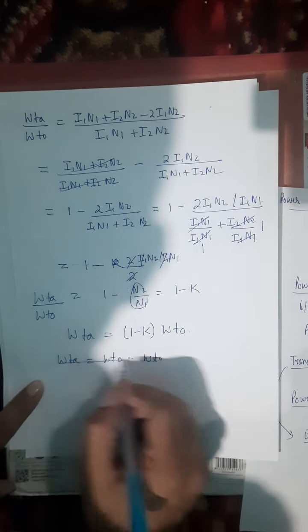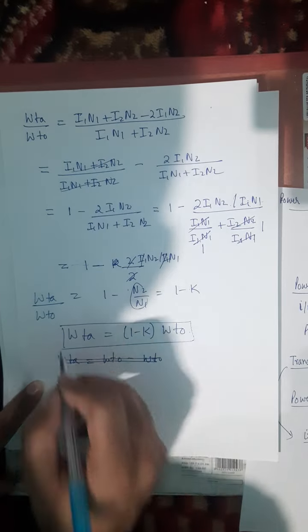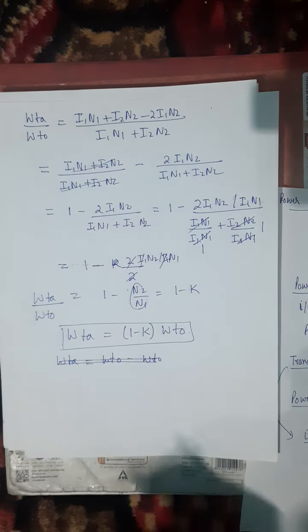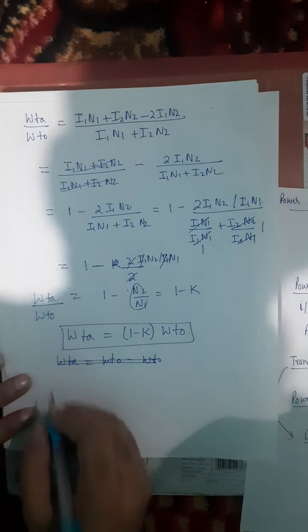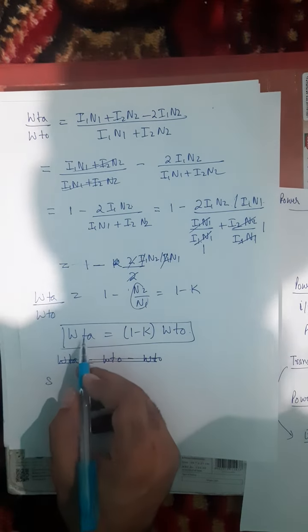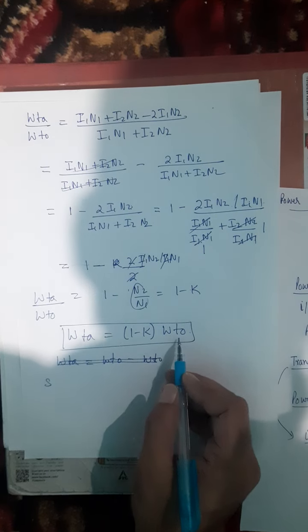You got the weight of the auto transformer in terms of the weight of the ordinary transformer. So how much copper material is saved when we are using an auto transformer instead of an ordinary transformer?